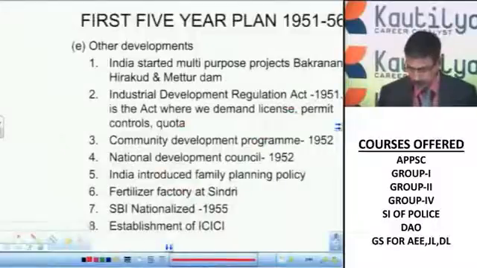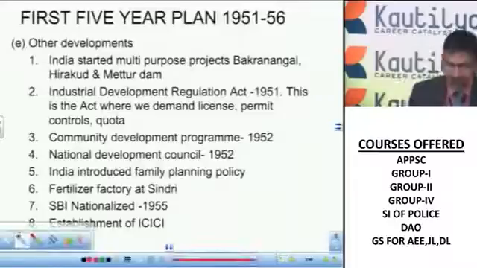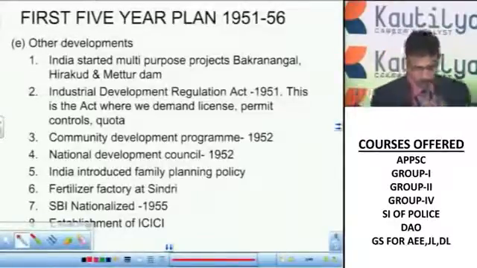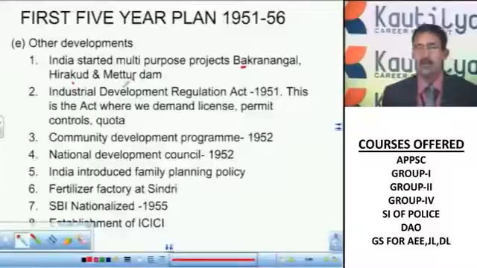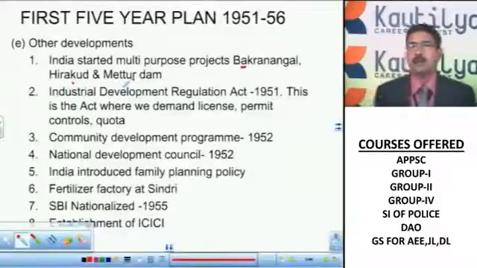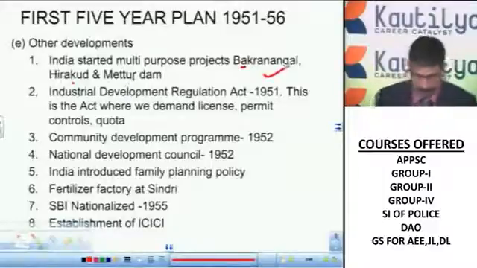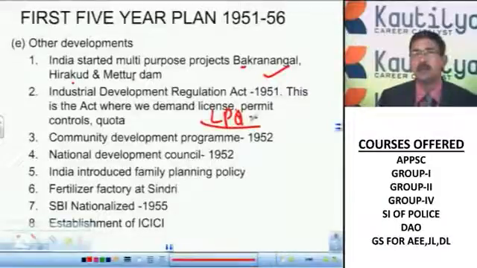However, since agriculture was given top priority, along with irrigation and power, multipurpose dams were constructed, namely Bhakra Nangal, Hirakud and Mettur Dam. To control the secondary sector, the IDR Act, namely the Industrial Development Act, was launched in 1951, and this act laid the strong foundation of the LPQ system, that is the license permit quota system.